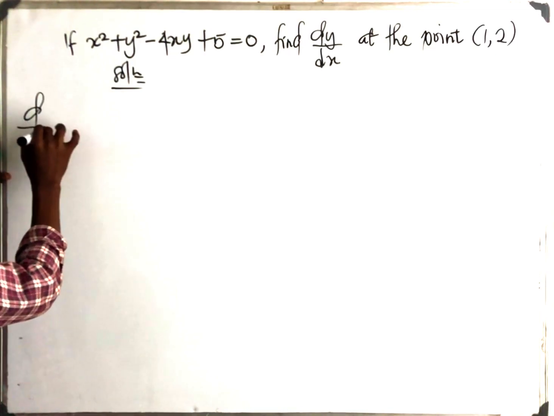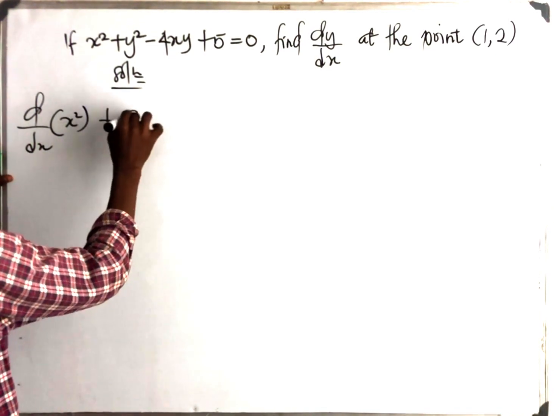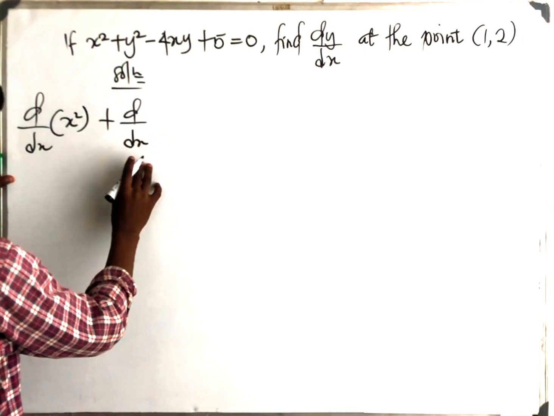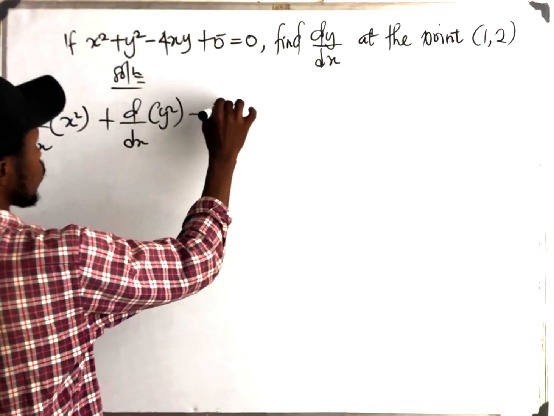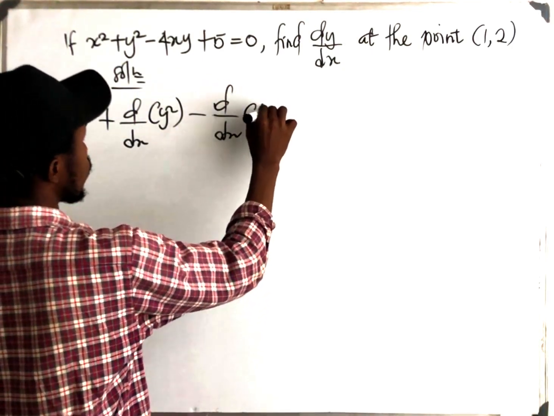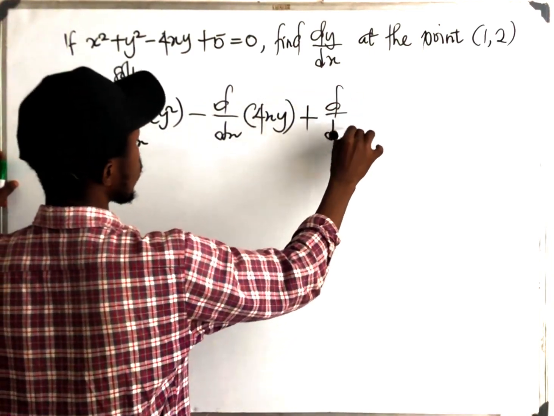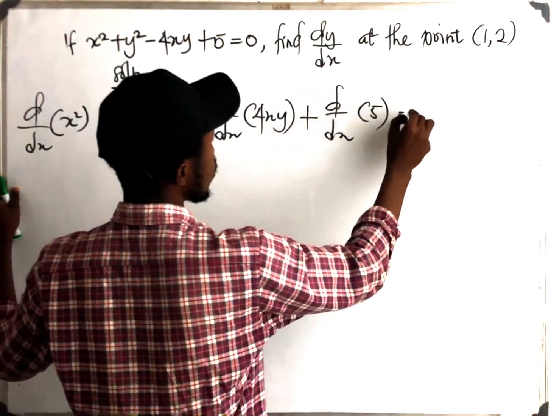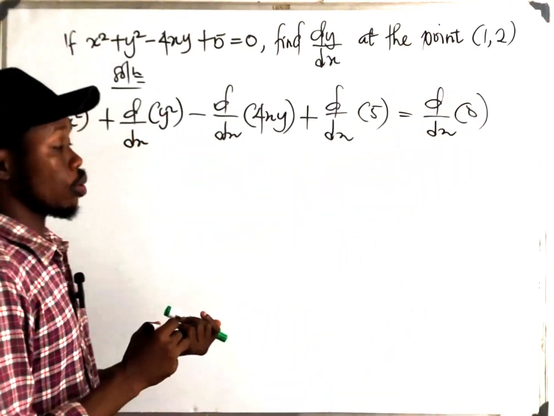So here will be d/dx of x squared plus d/dx of y squared minus d/dx of 4xy plus d/dx of 5 equals d/dx of 0. You apply on all of them.